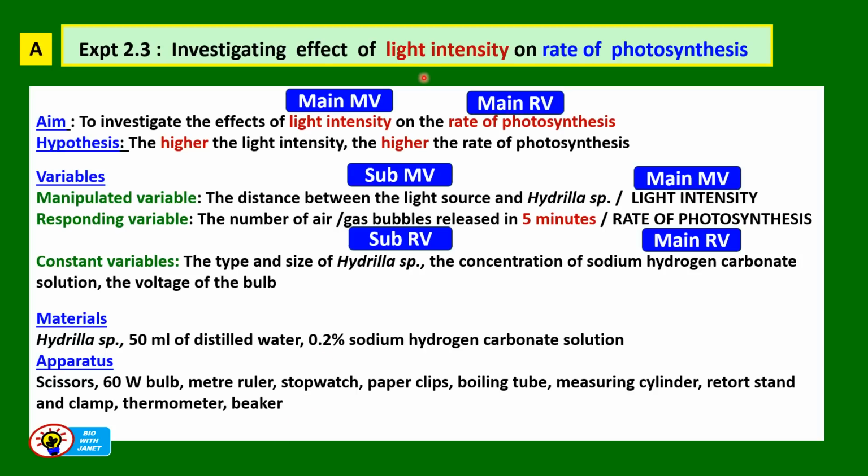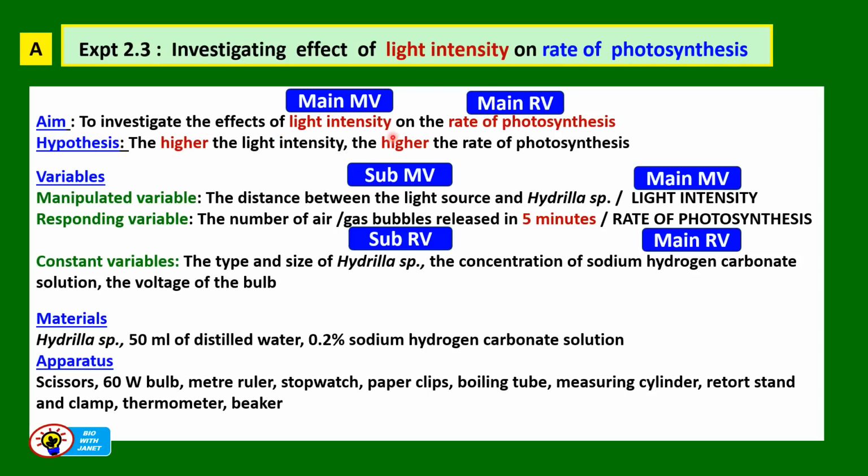So now let's start by discussing experiment 2.3 in your biology TSSM textbook. Okay, this is the first factor, A, which is light intensity. So here our aim is to investigate the effect of light intensity on the rate of photosynthesis. Okay, now that's your aim.